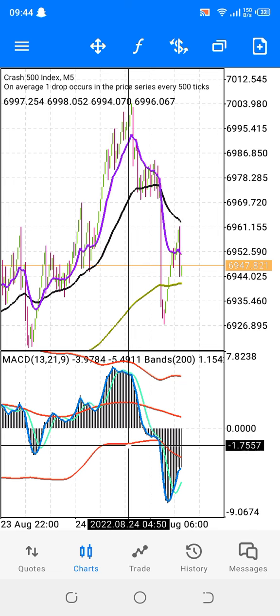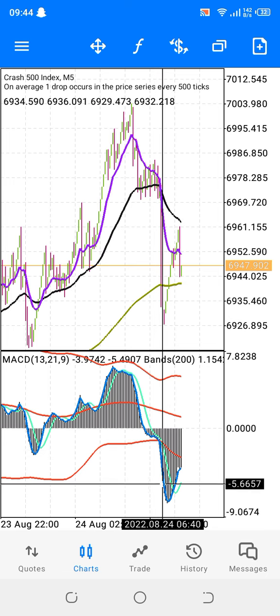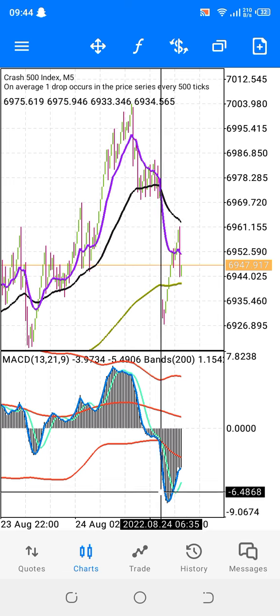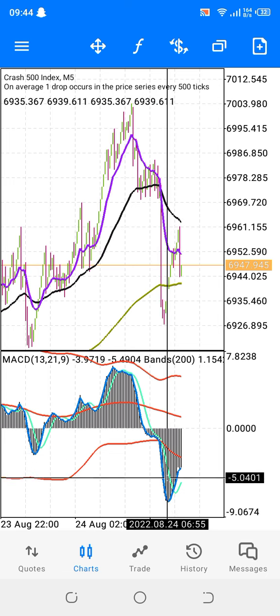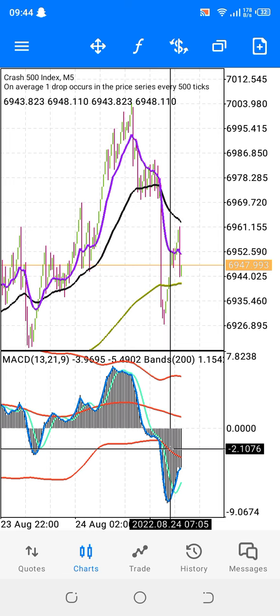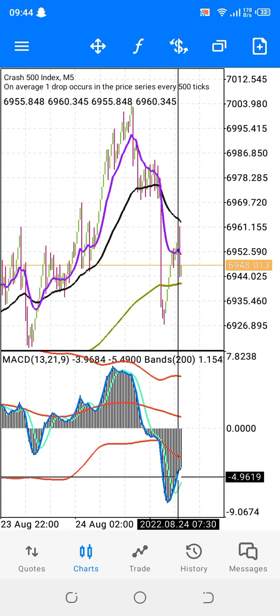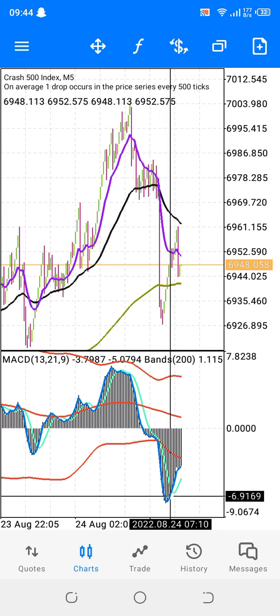Then the second thing, you wait for the MACD and the moving average to cross each other.